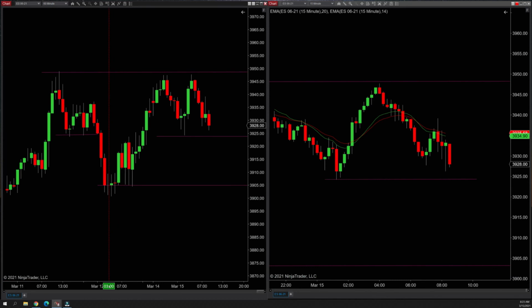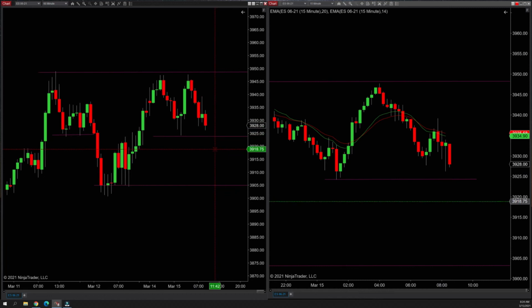I know overseas markets were up, but because of the strength of this downward move here on the left-hand chart, and because of this bar here where it came up, tested and failed, I think there is probably a 60% chance that action could break through this level right now.